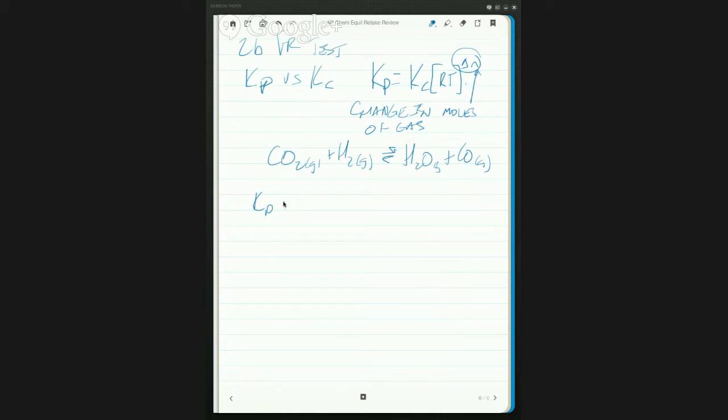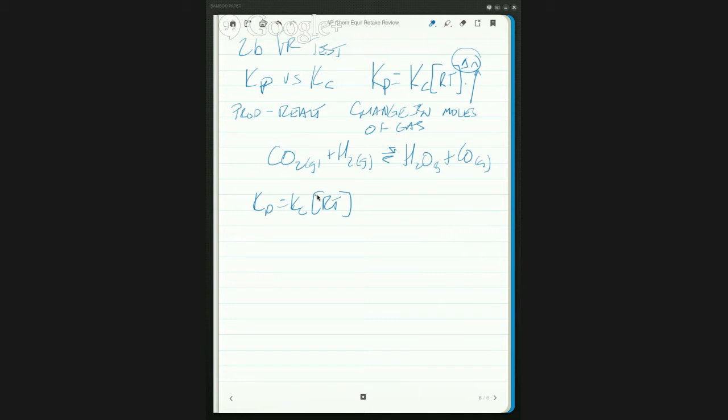So KP equals KC times RT to the delta N. Oh, and delta N is products minus reactants.